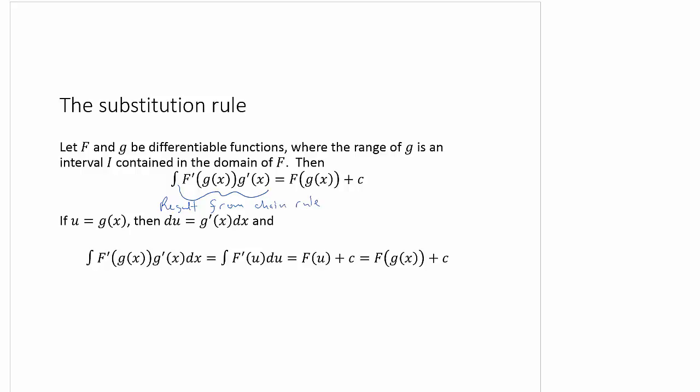The second statement here is how we think of that u. If we make the substitution, if u is that inside function of the composite function f of g of x, if u is that g of x, then du is the derivative of g of x dx. And we can make the substitution and find the antiderivative.